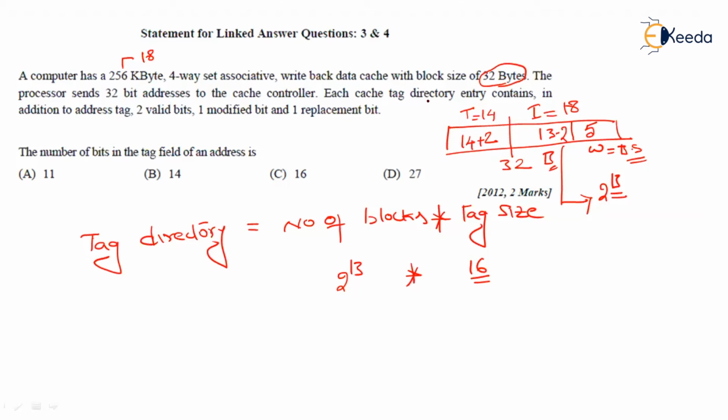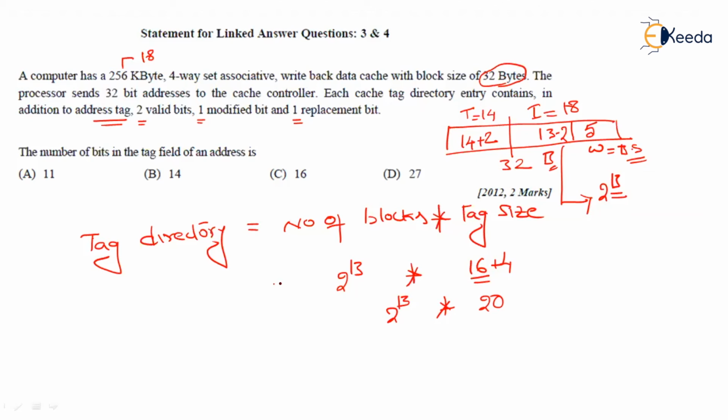Each tag directory entry contains, in addition to the regular address tag, 2 valid bits, 1 modified bit, and 1 replacement bit. Altogether, 2 plus 1 plus 1, a total of 4 bits are additional to the tag. So 4 plus 16 is equal to 20. 20 into 2 power 13.